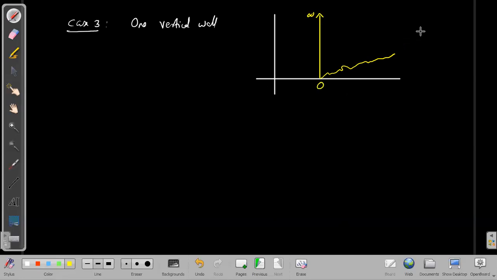Okay, so V of x is infinity for x less than 0. It is some function for x greater than 0. Okay, so there is only one vertical wall present. So in such cases, if you have only one vertical wall, obviously there will be some turning point. Turning point we will call some a.